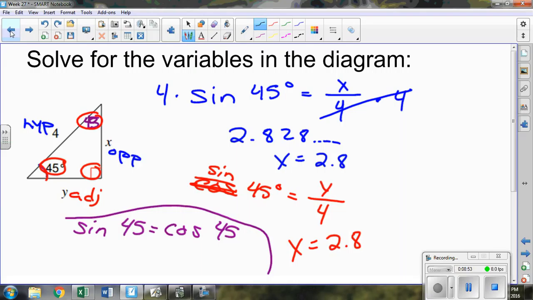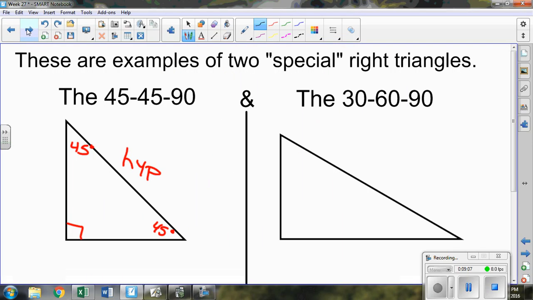What happened with the legs in our example that we did before? 2.8 and 2.8, they're the same. When we have a 45, 45, 90, one of the important things that we can note, the legs are the exact same length.